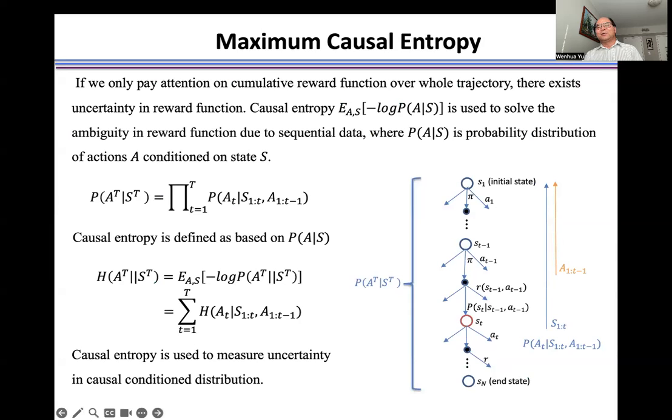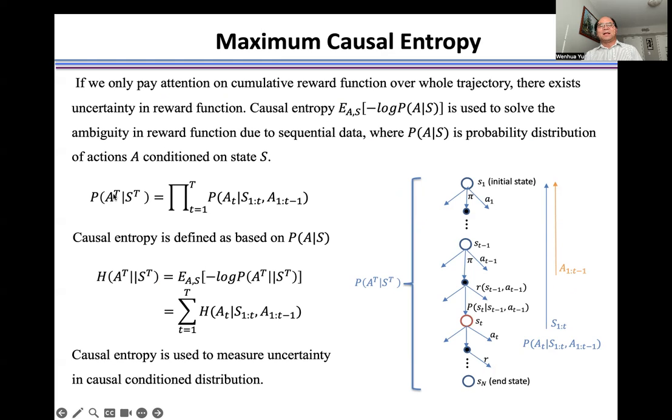For example, when the agent at state S_t takes action A, this A will be affected by the previous states, the current state and all the previous actions, not affected by any future states and actions. In this way, we define the probability distribution of action A conditioned on S.